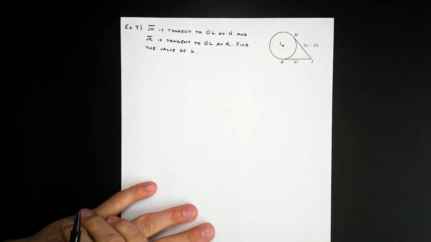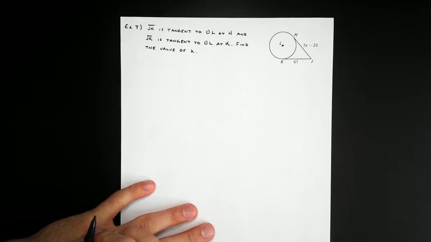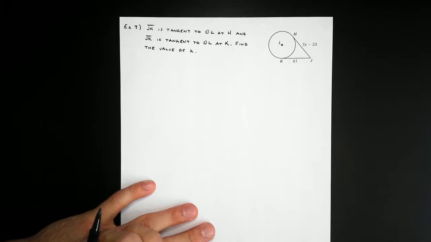The other important theorem is that if we have two tangents that share a common external point, those tangents have to have the same length.